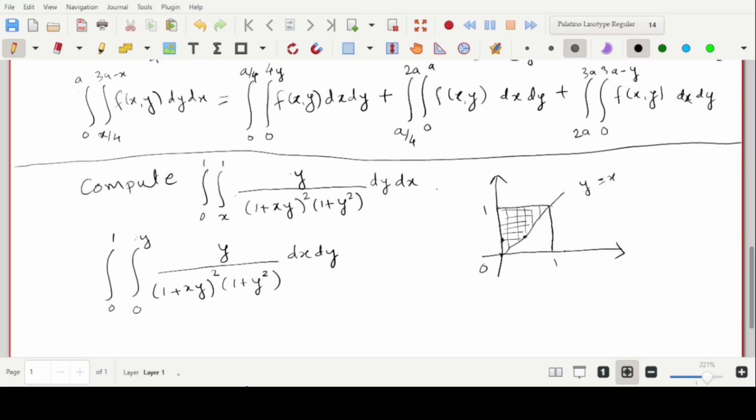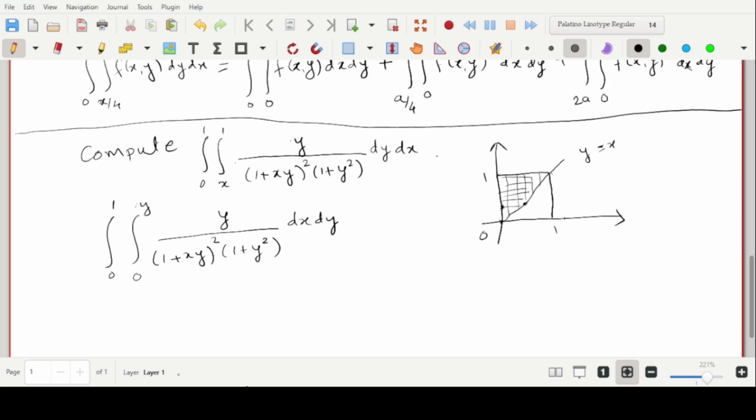Now see that suddenly it looks simple, because now since we are integrating with respect to x first, this 1 over y square becomes constant. It may be taken outside the integral sign, this first inner integral sign.